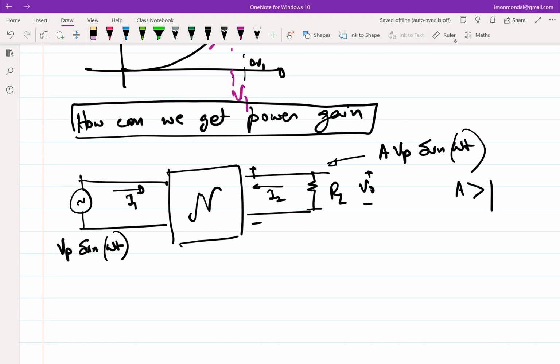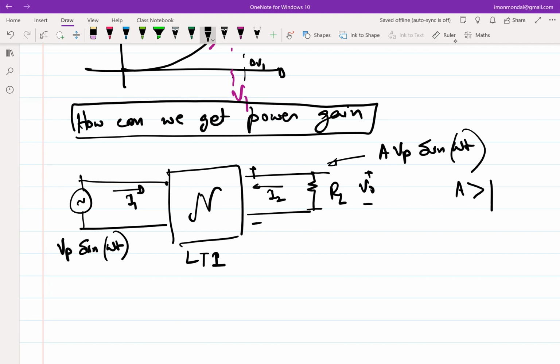So let's assume that this network N is passive to start off. There is no active source, there is no voltage supply or current source inside. It's completely passive. And let's assume to start off, this is LTI. So can I get power gain out of this? Yeah, so passive means it cannot generate its own power.